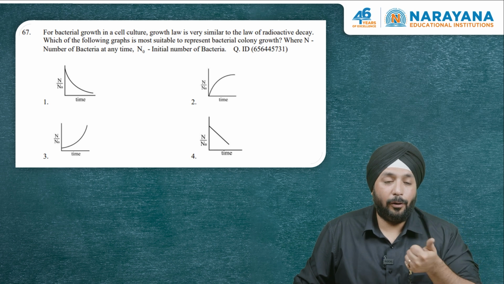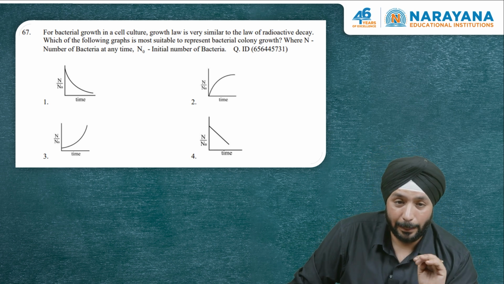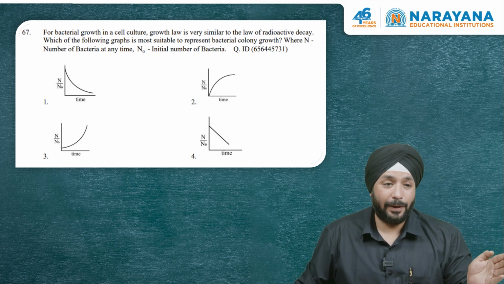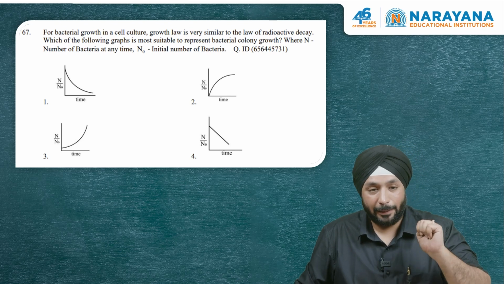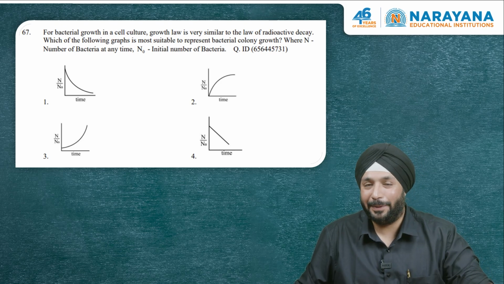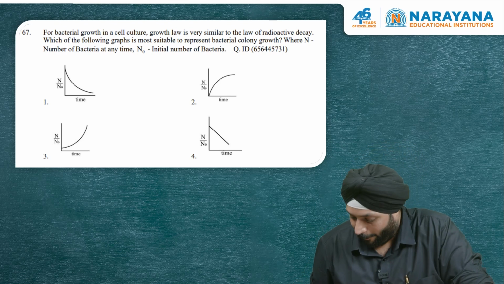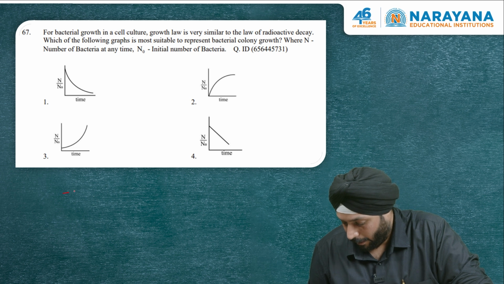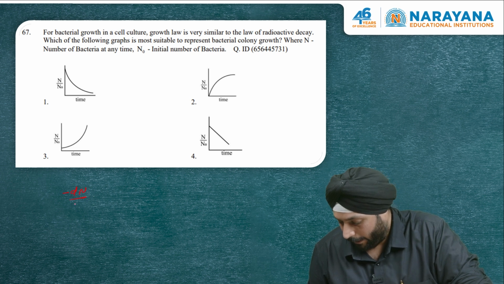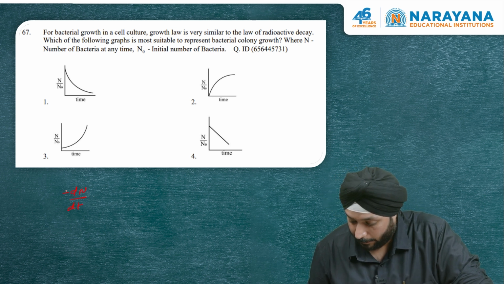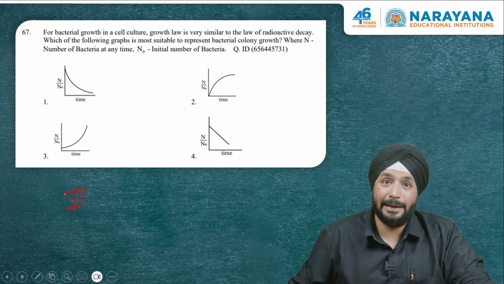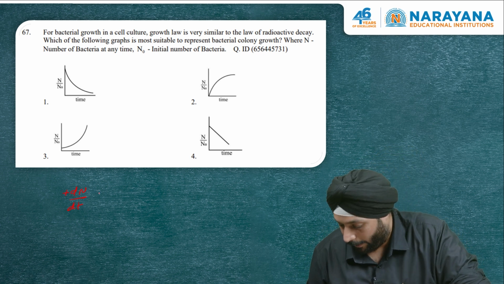Which of the following is the most suitable to represent bacterial colony growth, where n is the number of bacteria at any time t, and n naught is the initial number of bacteria? So apply the first order law: minus dn by dt, sorry, plus dn by dt, because it is an increase or growth, should be equal to k into n.